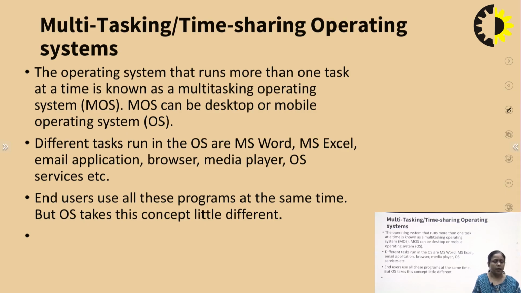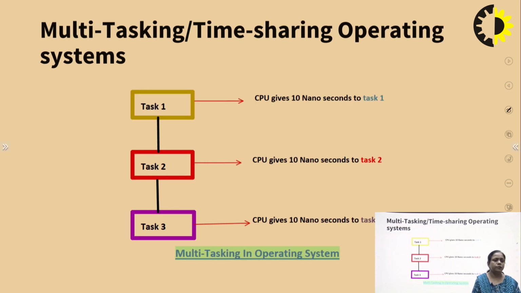operating system. In this system, the operating system will give a particular time quantum to each and every process or task, and every process will be given a time slot of the CPU.